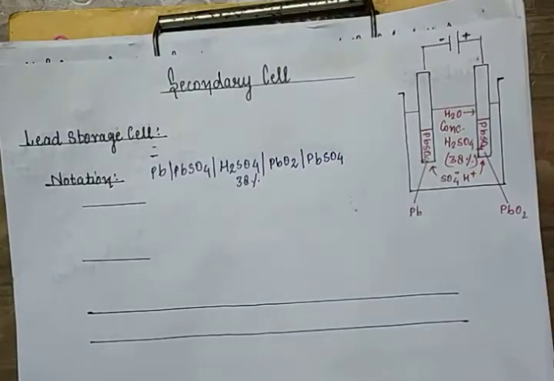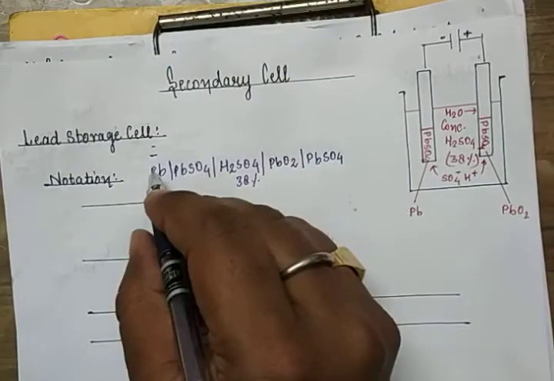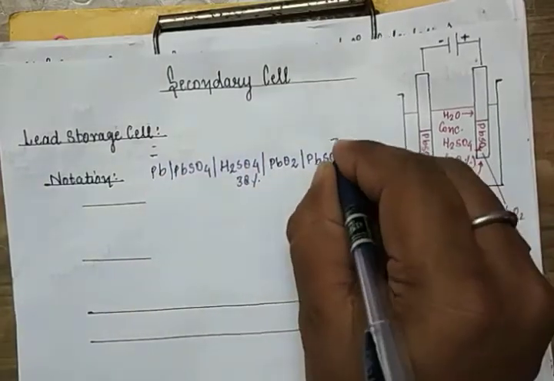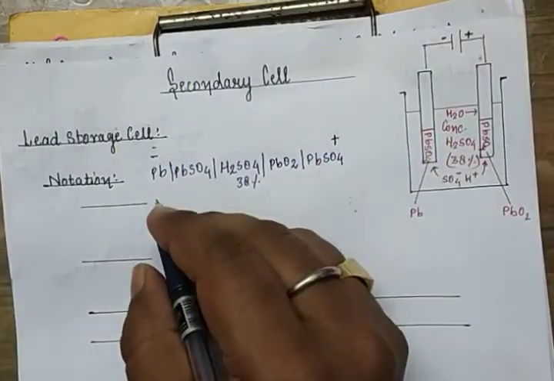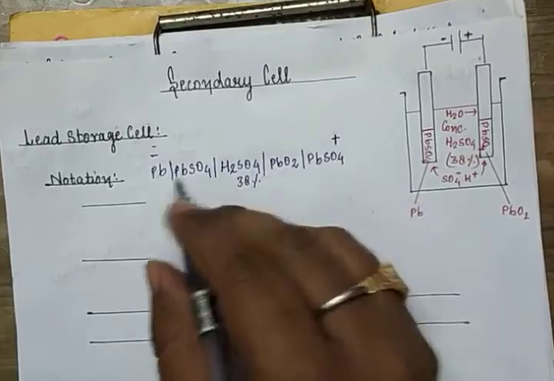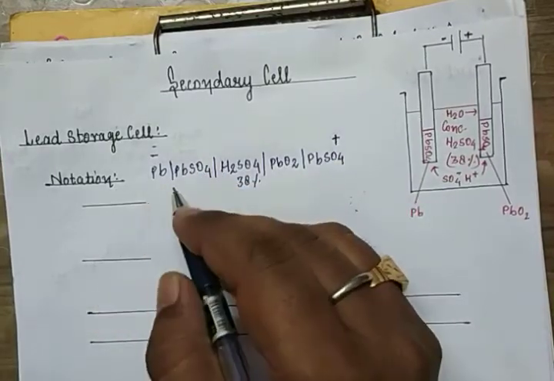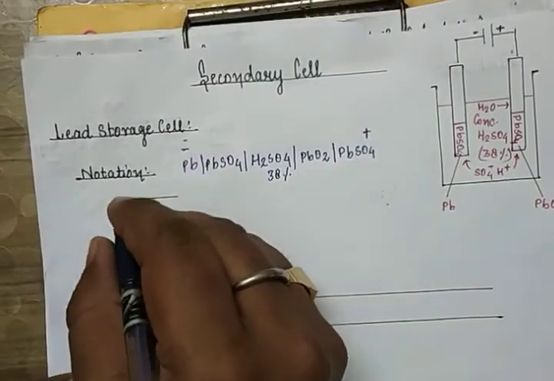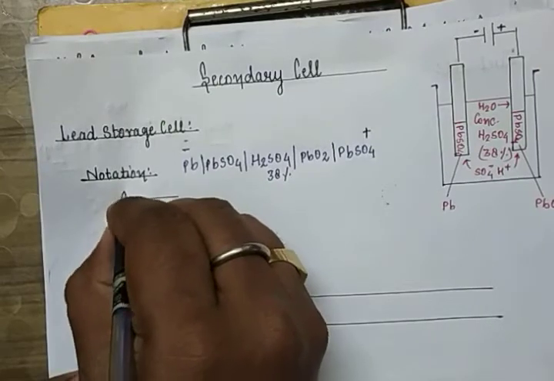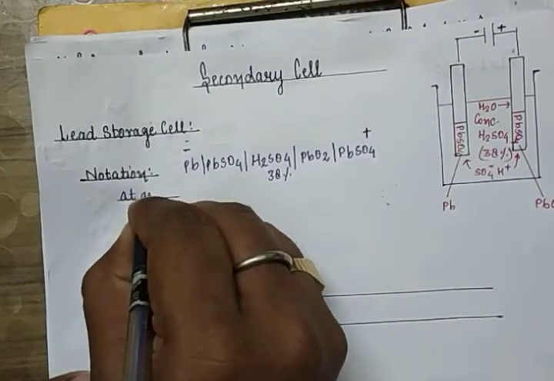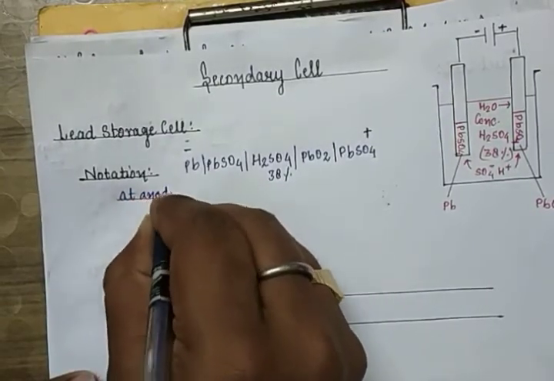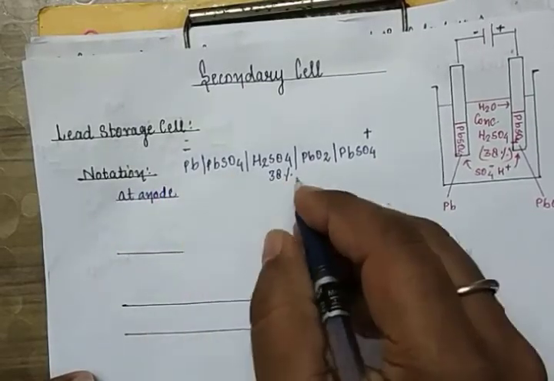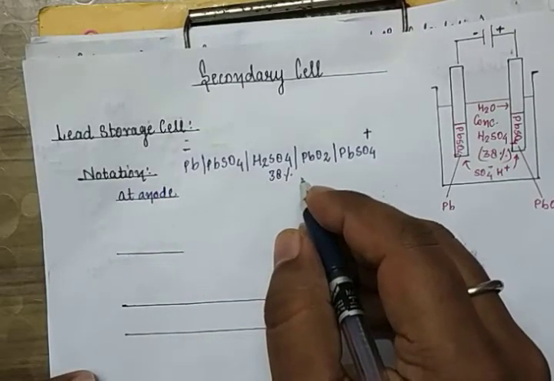Now the negative electrode means anode and the positive electrode means cathode, because this works as a galvanic cell. At this time the cell works as a galvanic cell.